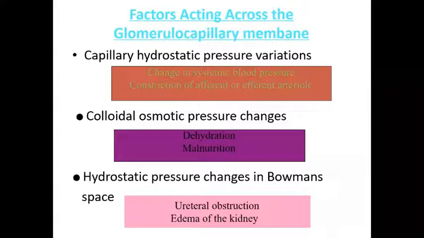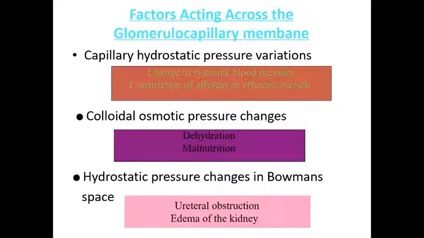So what can cause an increase in the hydrostatic pressure in the Bowman space? There are certain conditions like ureteral obstruction. In ureteral obstruction, the ureters are obstructed, maybe due to kidney stones, or maybe there's inflammation taking place there, and then there will be a buildup of fluids within the Bowman space. That will cause an increase in hydrostatic pressure in the Bowman space.